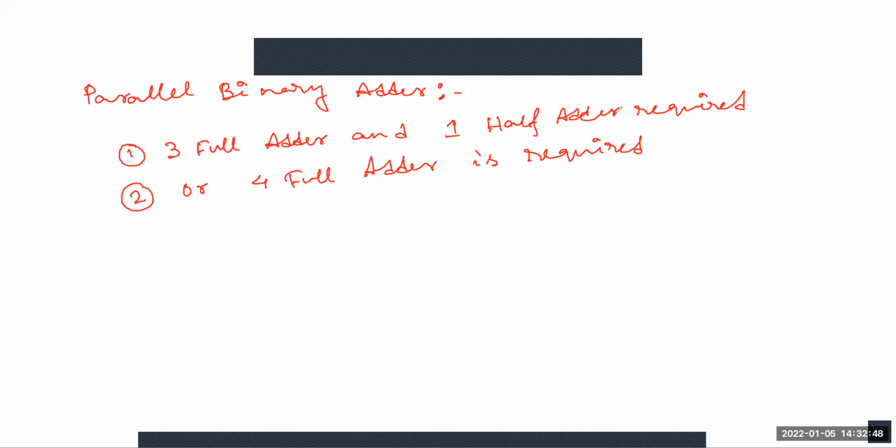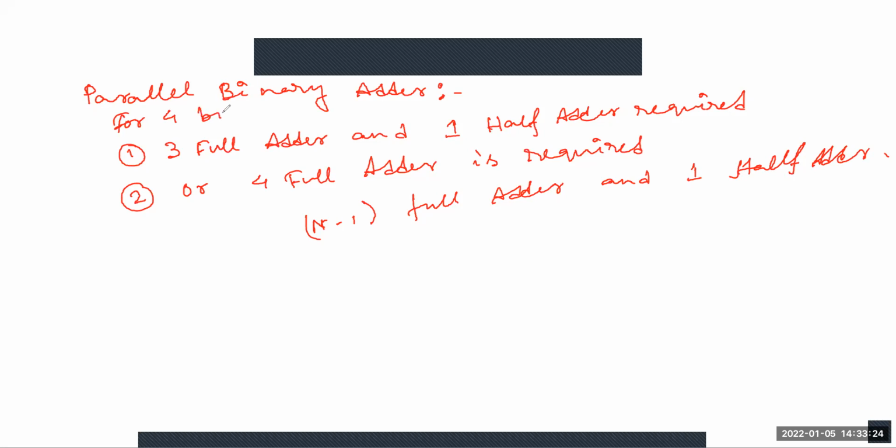Here the parallel adder is used to add a group of bits, and to add two n-bit numbers, it requires n minus 1 full adders and 1 half adder. Here I have said this is for a 4-bit adder.